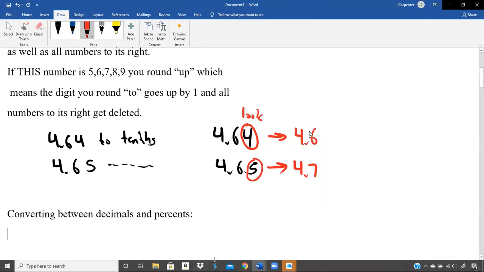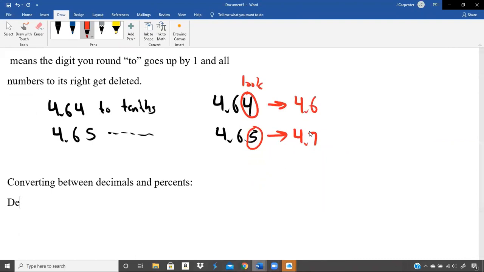So it depends on which way you're going. If you're going from decimal to percent, you move the decimal twice to the, which way do you think? Left or right? Don't worry, we'll do it correct the first time.